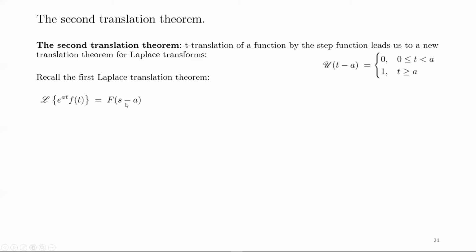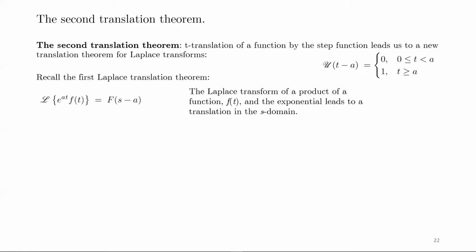We get an s translation in this case. That first translation led to a translation in the s domain, and we should be quite familiar with this now, because we've done quite a few examples in class.